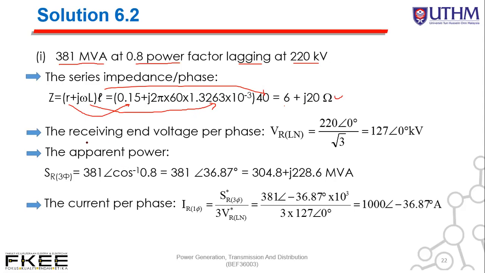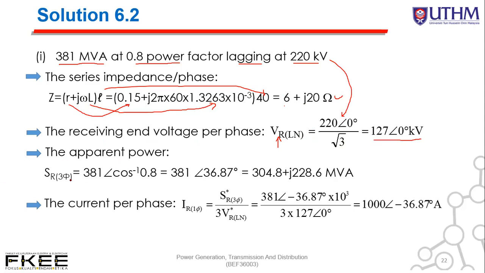Then we can calculate the receiving end voltage per phase. VR line to neutral, or VR single phase, equals the voltage 220 kilovolt divided by root 3. So we got a single phase receiving voltage of 127 kilovolt.